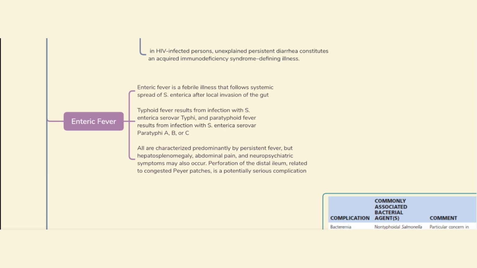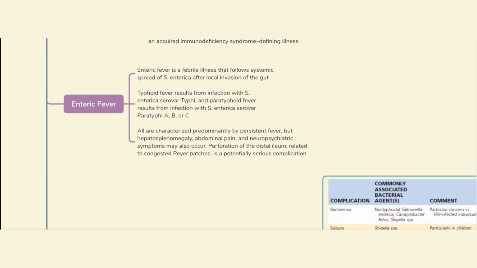This invasion of the blood system and the Peyer's patches can give us perforation and necrosis and multiple systemic symptoms. Predominantly we'll have persistent fever, and we can have hepatosplenomegaly, abdominal pain, and neuropsychiatric symptoms because of high intoxication. Perforation of the distal ileum, especially when we have congested Peyer's patches, can cause really serious complications.